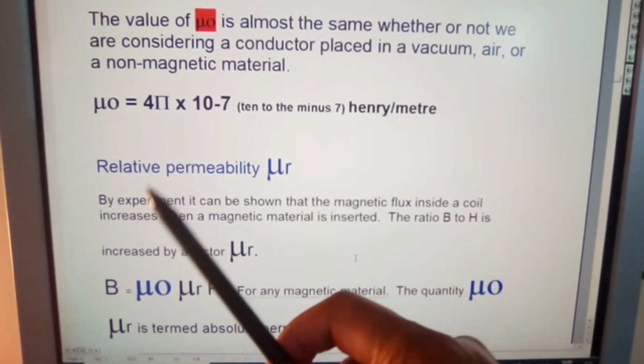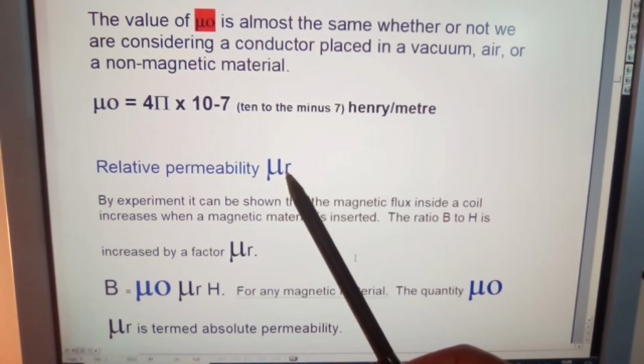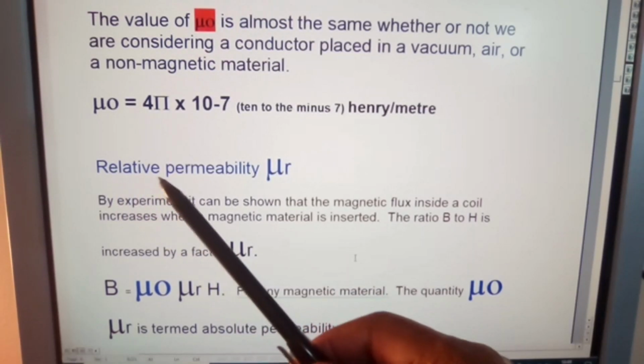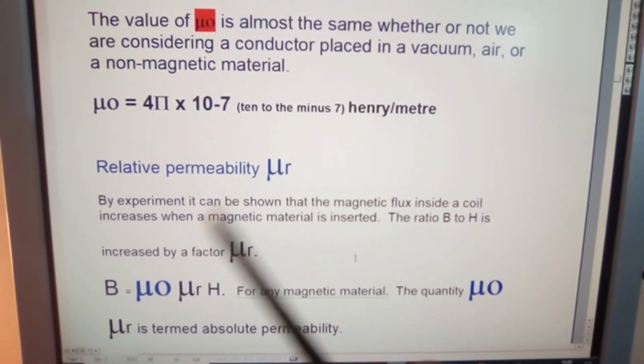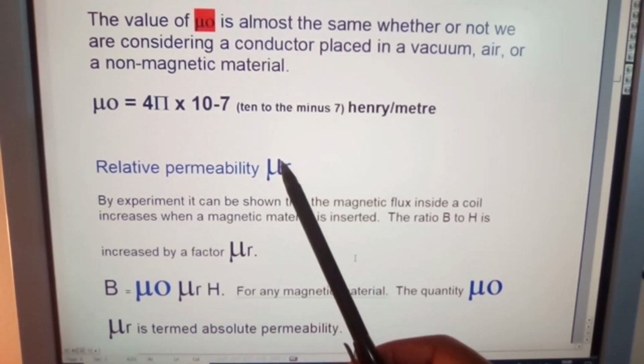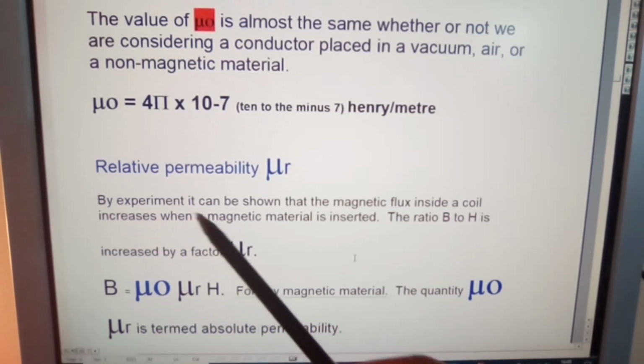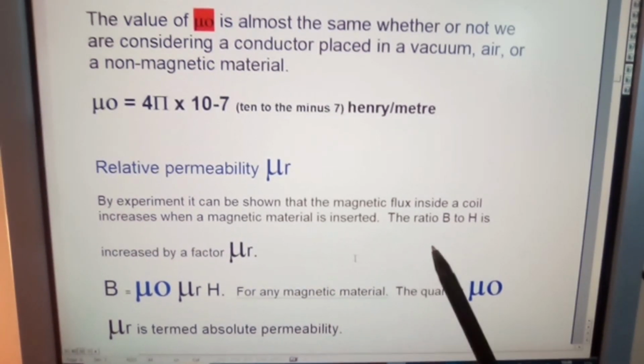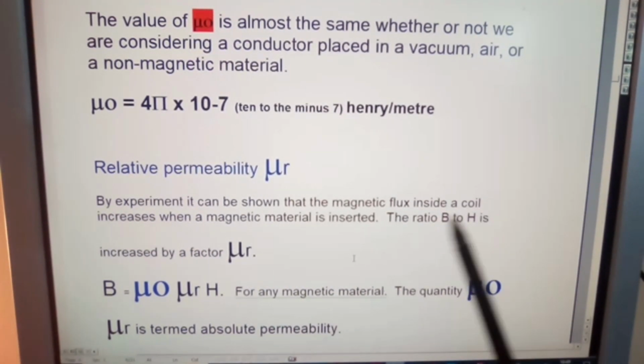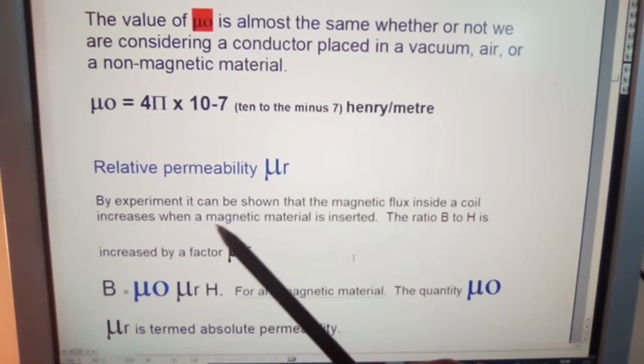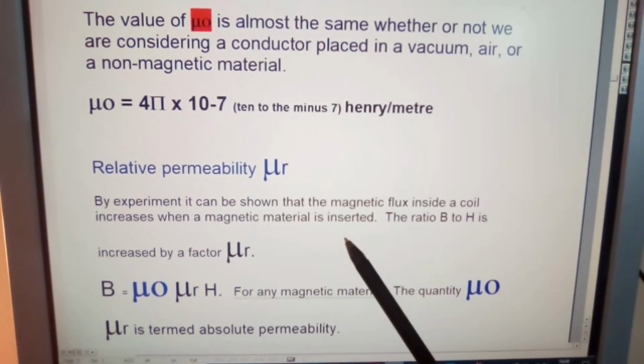Relative permeability, mu R. By experiment, it can be shown that the magnetic flux inside a coil increases when a magnetic material is inserted.